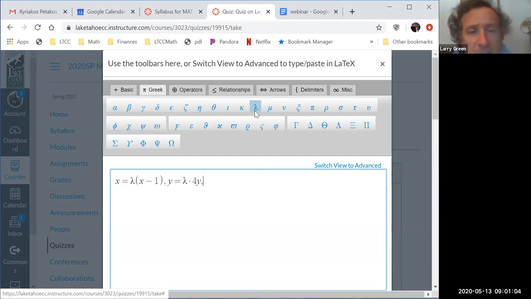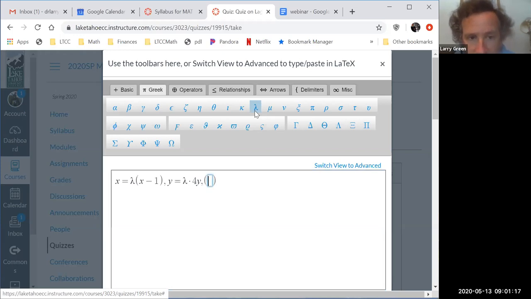Okay, but then we also have the constraint equation. And the constraint equation was (x minus 1) squared plus 4y squared equals 4.